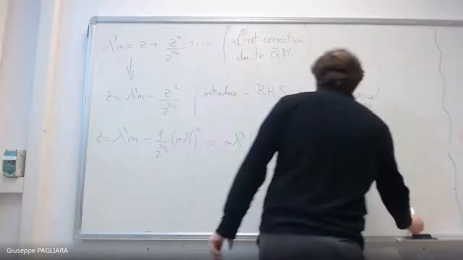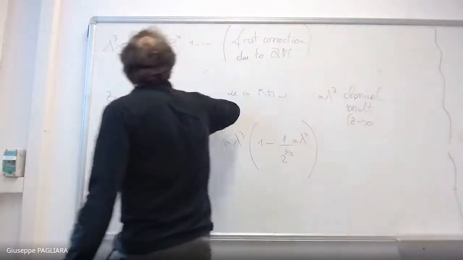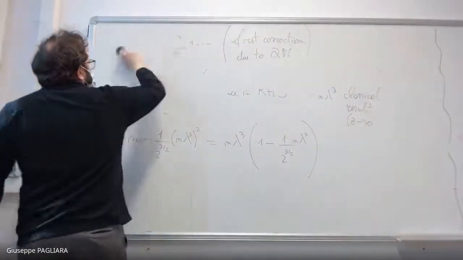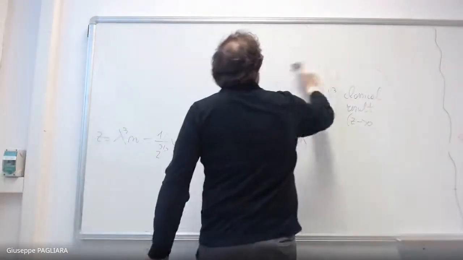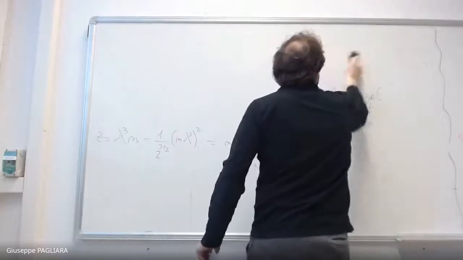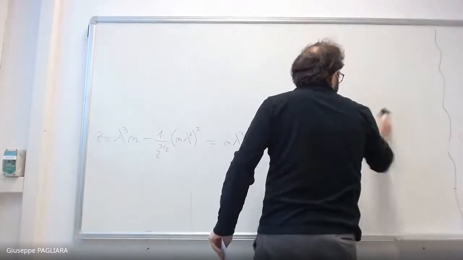Okay. Now, let's introduce this z, which is corrected, in which we have considered the first correction due to quantum mechanics.